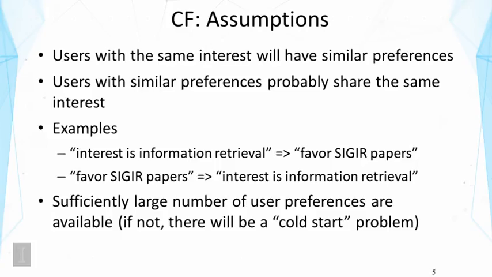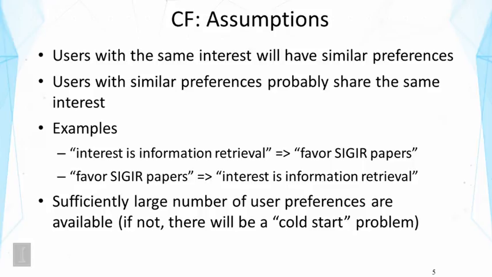So this approach would work well under the following assumptions. First, users with the same interest will have similar preferences. Second, the users with similar preferences probably share the same interest. So for example, if the interest of the user is in information retrieval, then we can infer the user probably favor CSRA papers. Right? So those who are interested in information retrieval research probably all favor CSRA papers.